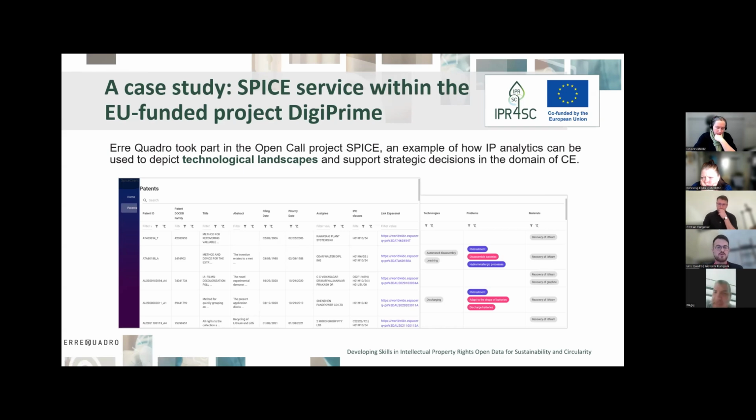So from a very wide point of view, what I was aiming to stress is that IP databases and tools can also be used to develop new IP databases and IP tools. This could sound a little bit strange, but what we did was actually this.